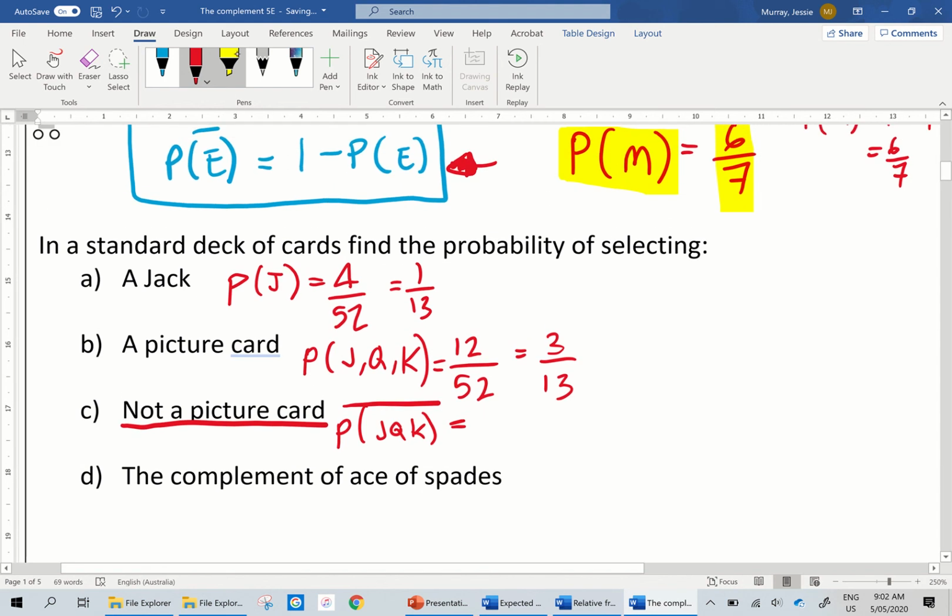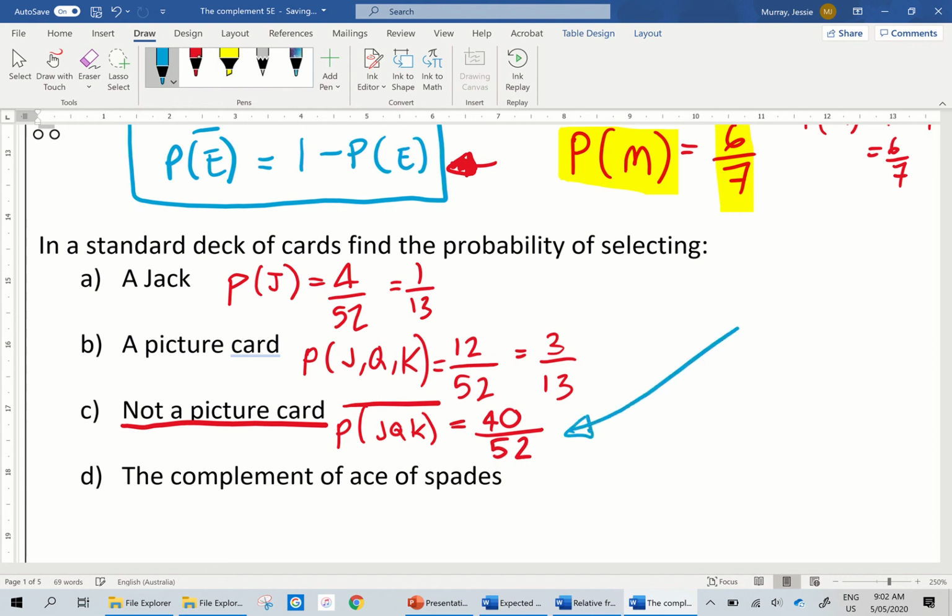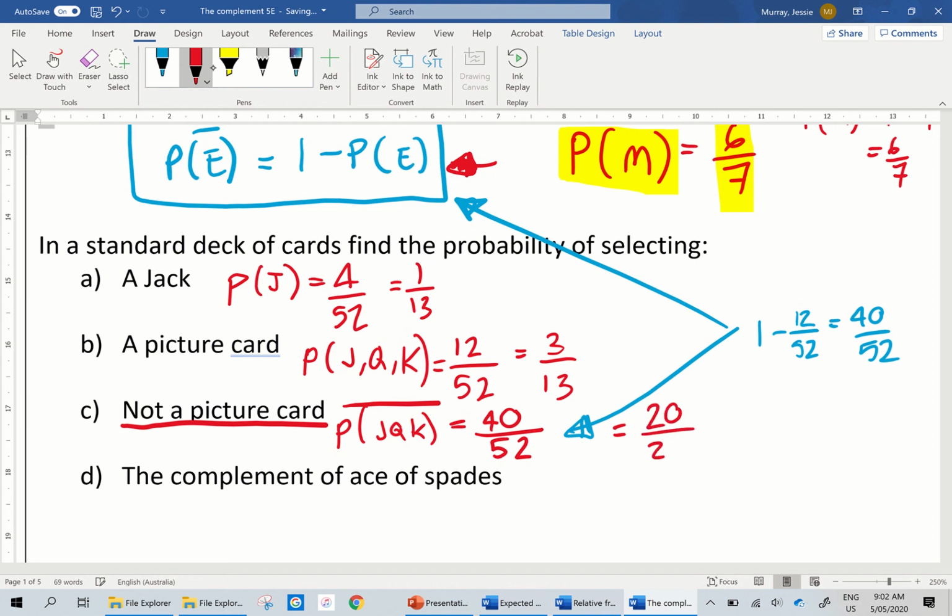Well, there's 12 that are picture cards, which means 40 of them out of the 52 are not picture cards. And if you want to use the formula from up here, that's the same thing as doing 1 minus 12 on 52, which would give you 40 on 52. And keep in mind that that answer does simplify. What if I halve both? Halve both again. There's my answer.